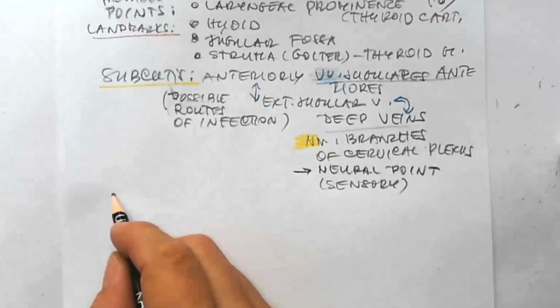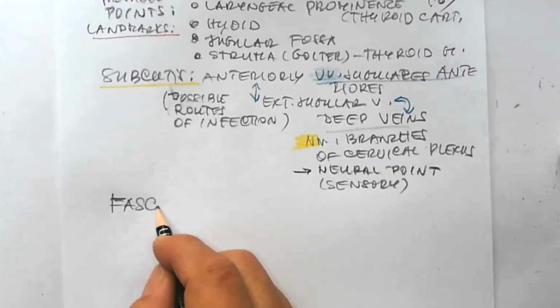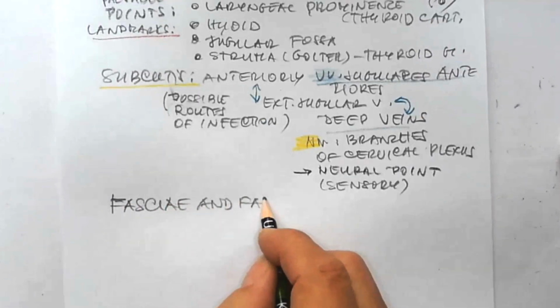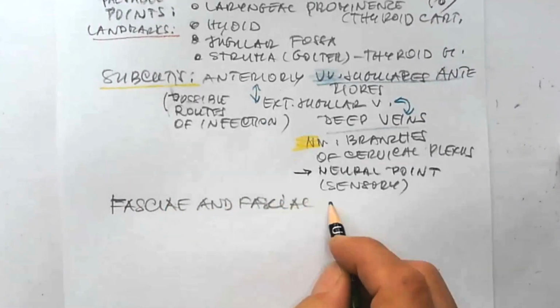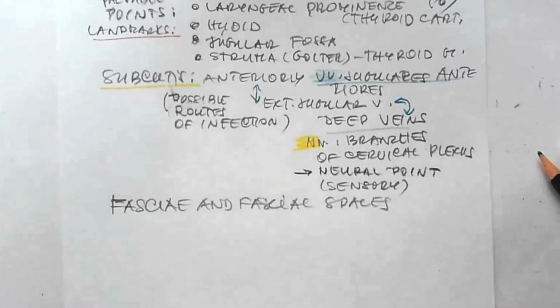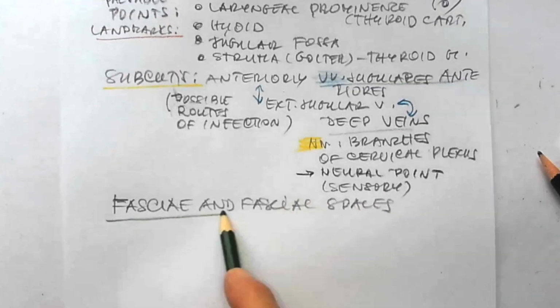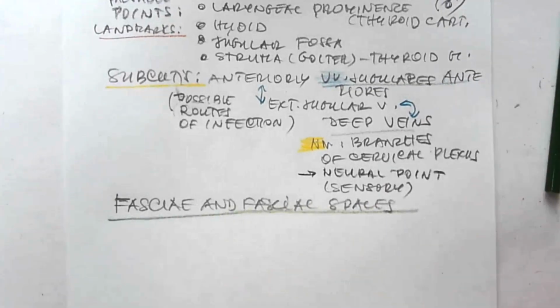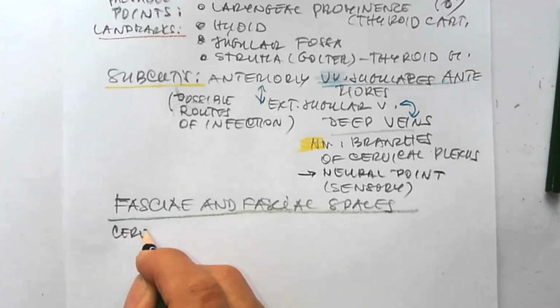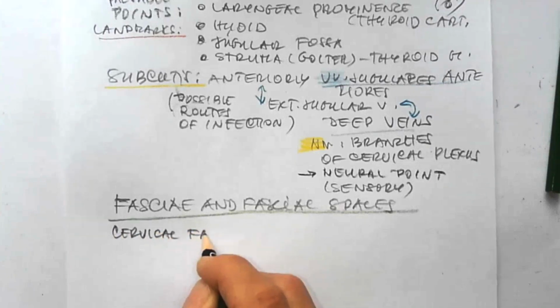Then follow the fasciae and fascial spaces. If we look at fasciae and fascial spaces, underlined in green because there are fasciae, we call it the cervical fascia.